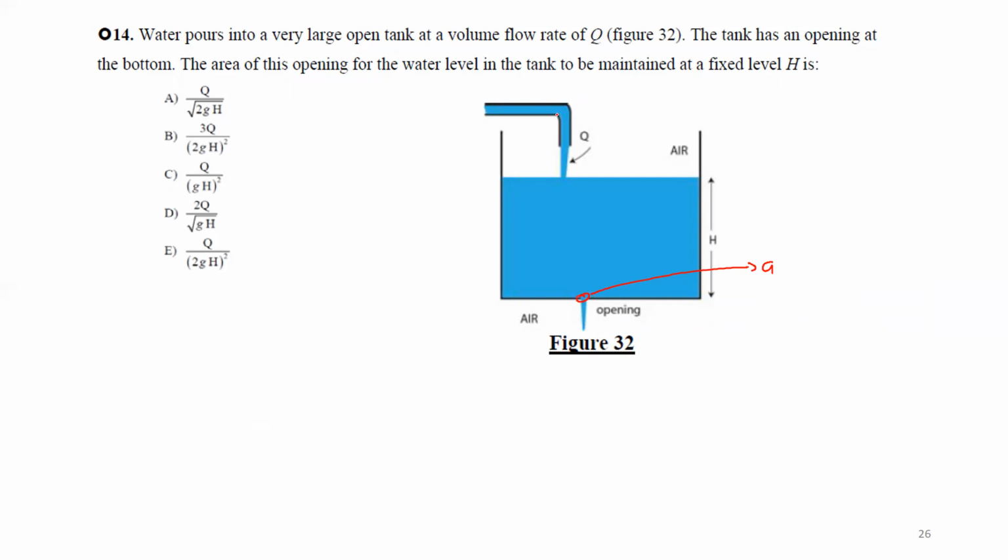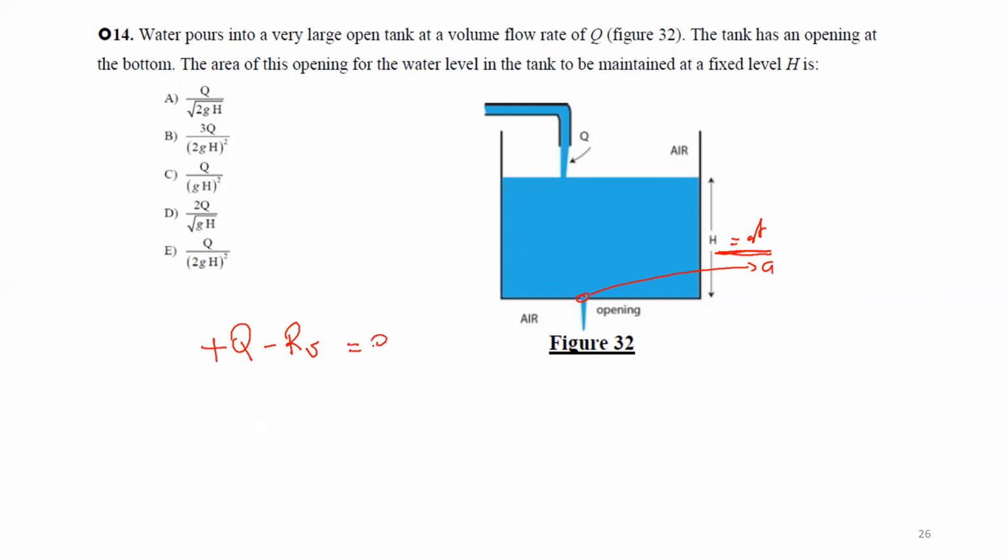What gets inside the tank gets outside the tank. The volume that gets in per unit time is equal to the volume that is getting out per unit time, because this h here, I want it to be constant. So I am adding this volume per unit time, and what is getting out is a volume flow rate, RV, here.